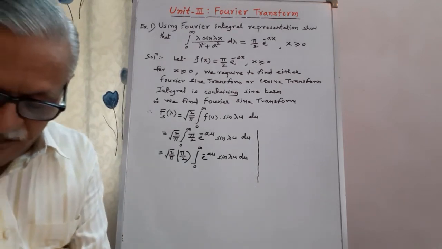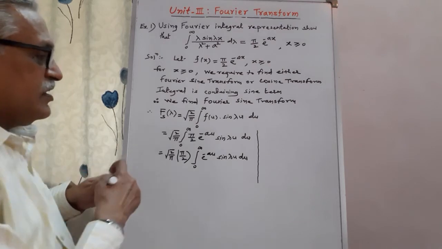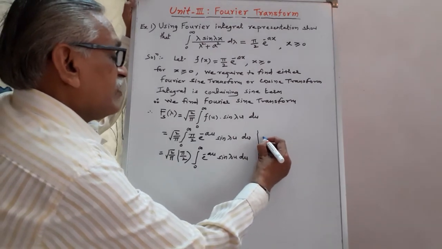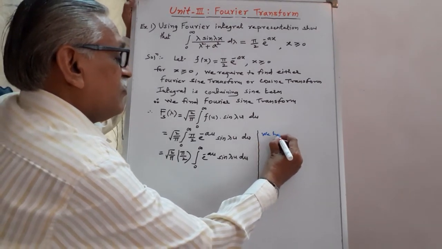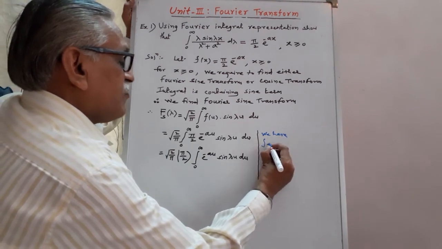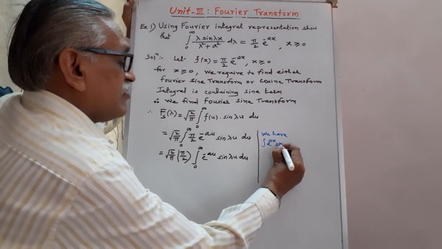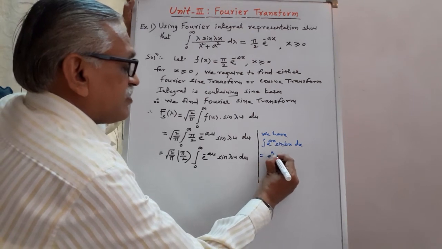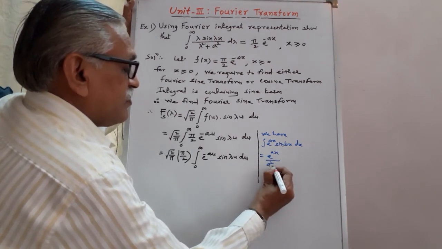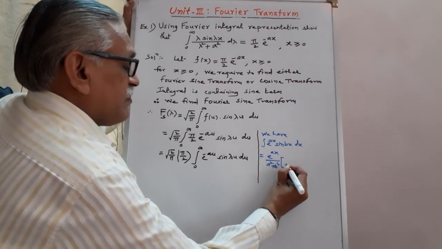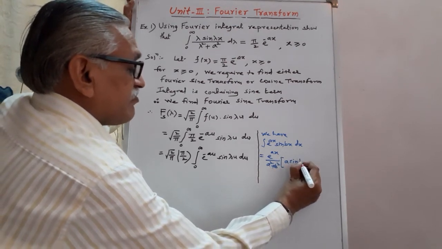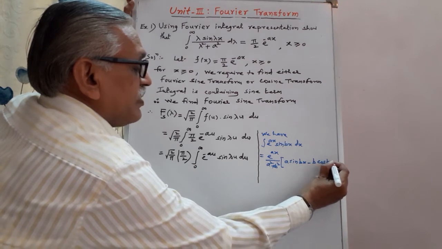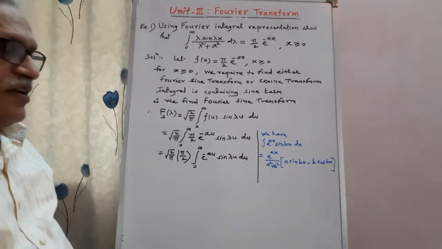Using the standard result of integration, as we have used in the previous examples or the previous videos, we know that the integral of e raised to ax sine of bx is e raised to ax divided by a square plus b square multiplied by a sine bx minus b cos of bx, a standard result of integration.